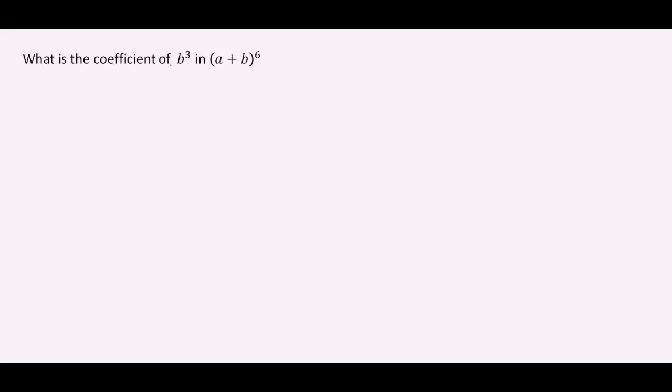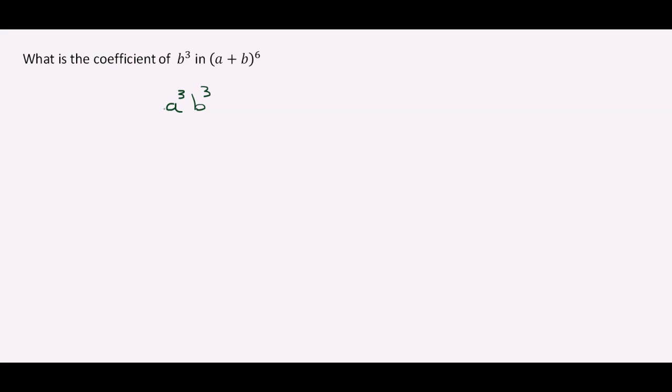What is the coefficient of b to the 3rd power in a plus b to the 6th power? So what I know here, because the sum of my exponents must always be equal to the value of n, which here is 6, I know that I have a to the third power, b to the third power.